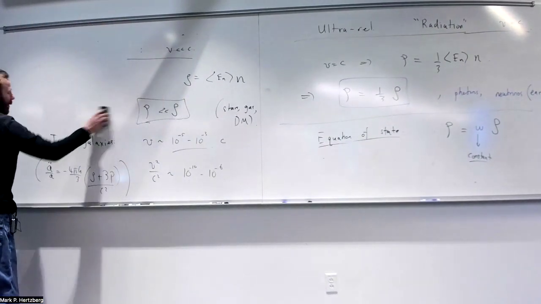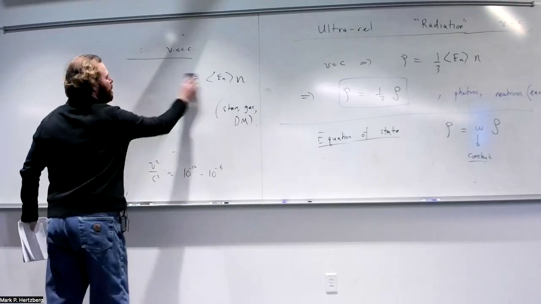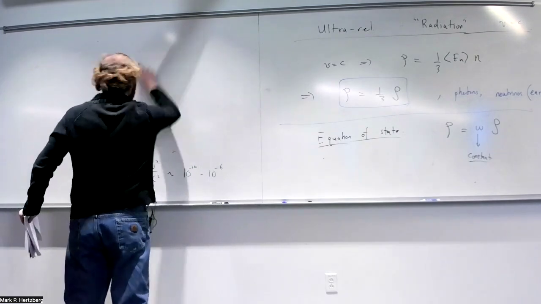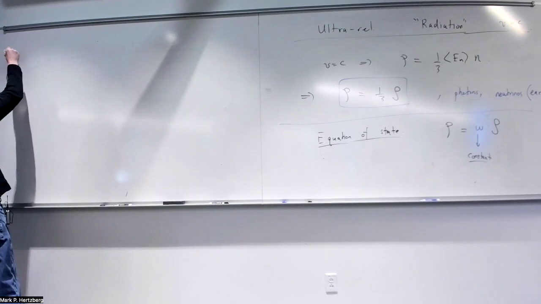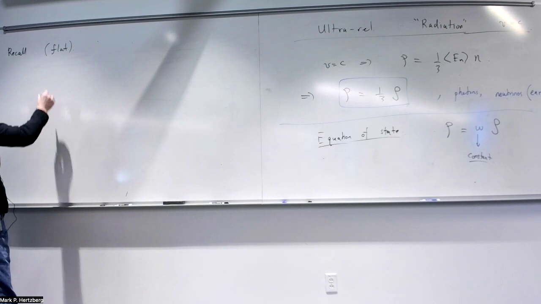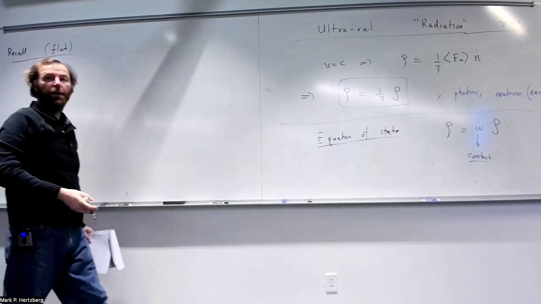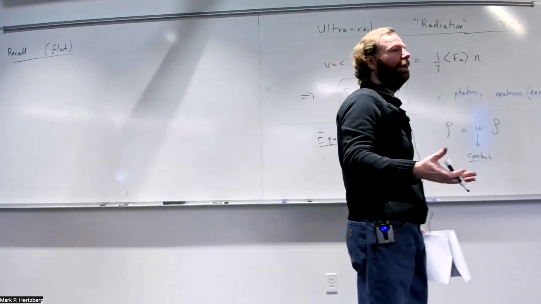Okay, so I want to remind you once again, the Friedmann equations. Let's do the case of a spatially flat universe. I'll set k to 0, because we've already said that the curvature is incredibly tiny, at most 1 part in 10 to the 3.